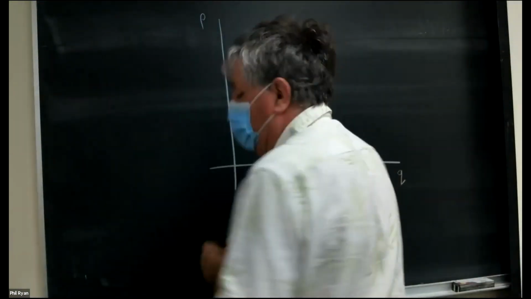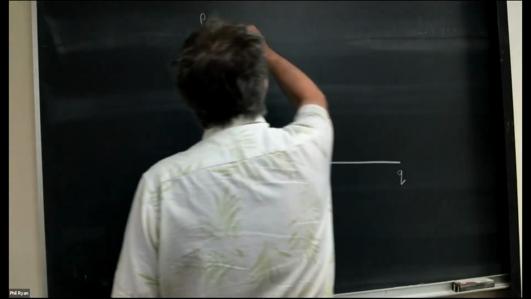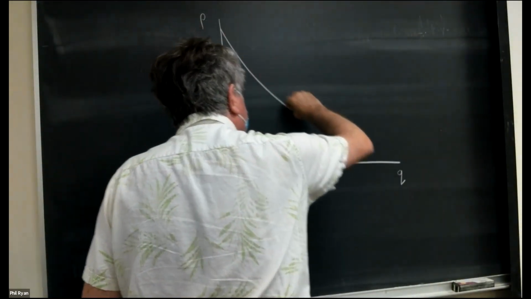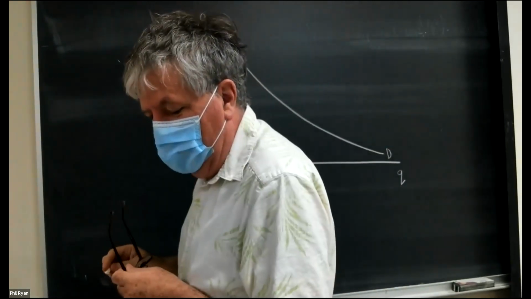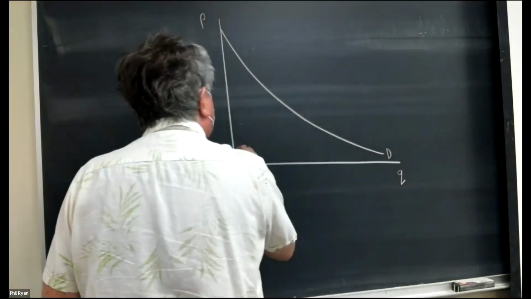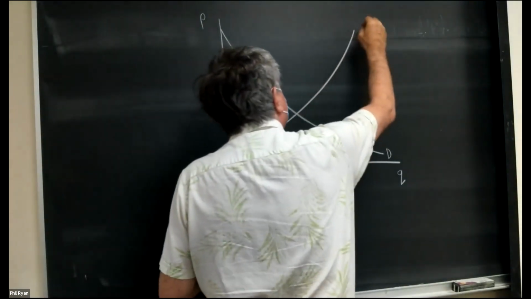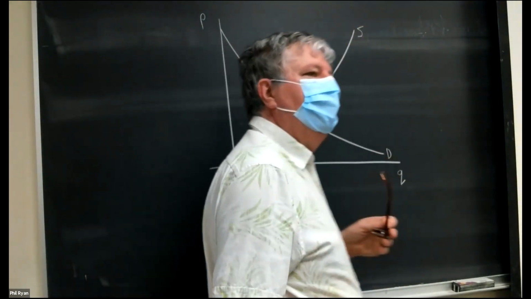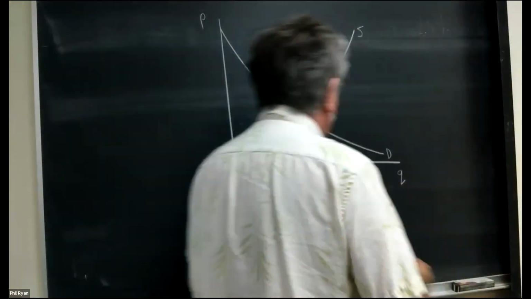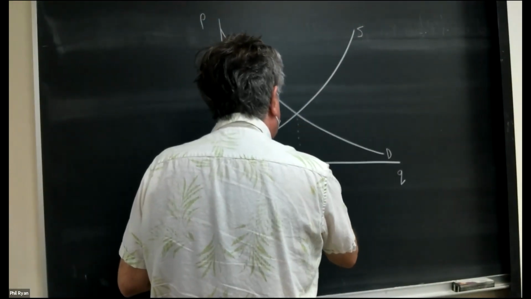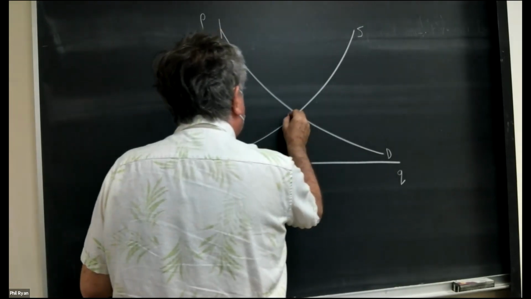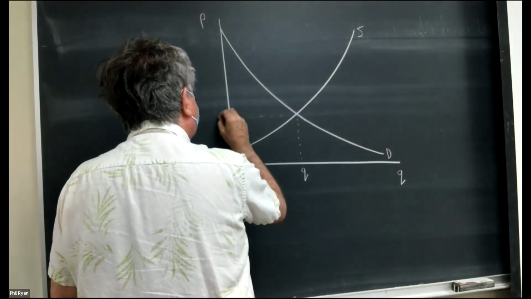But a good old demand curve could be something that looks like this. And a supply curve might look something like this. And so what we expect the market to do is come to this equilibrium.